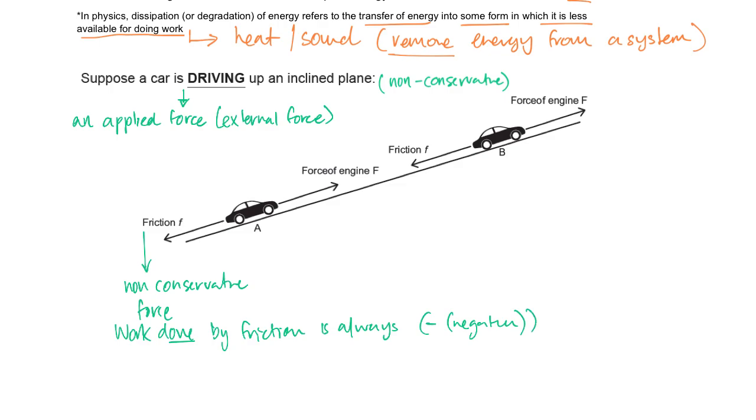So in essence, when I'm working with friction, I know that it removes energy. I also know it decreases kinetic energy. The other thing that you've got acting on this car is the force of the engine, which is also a non-conservative force.